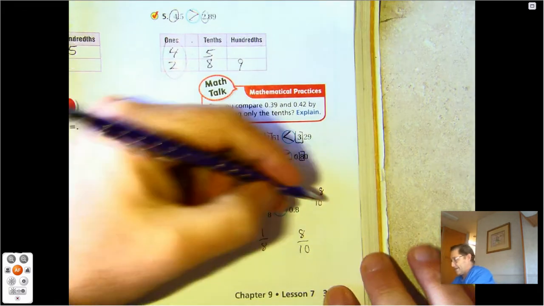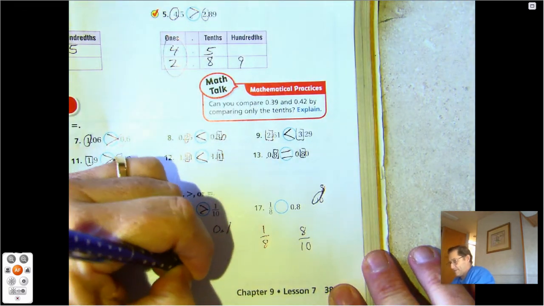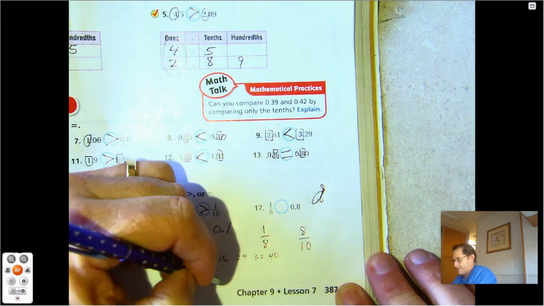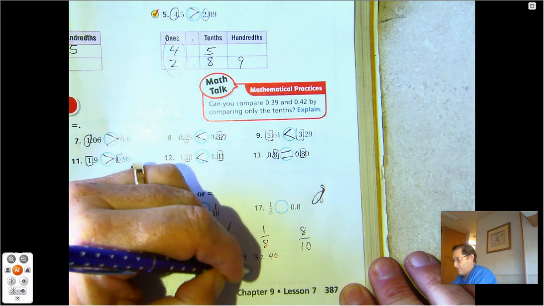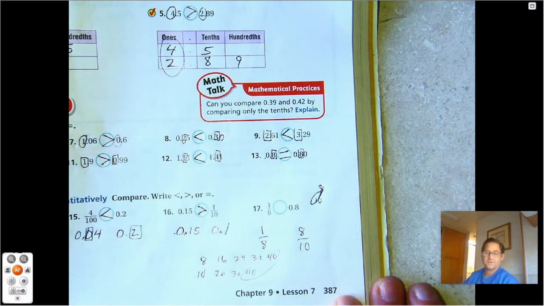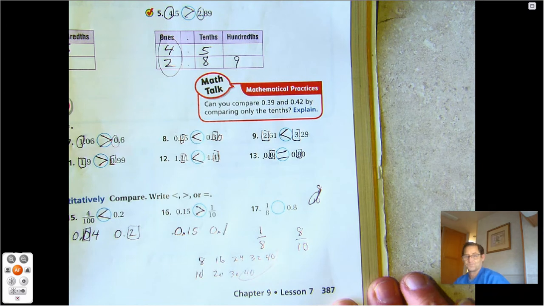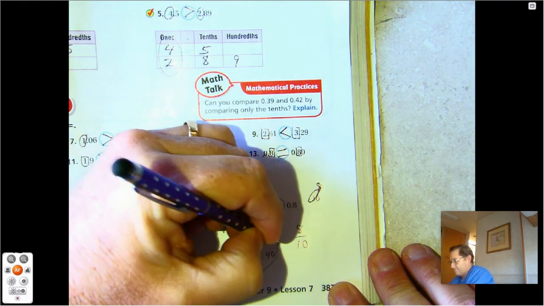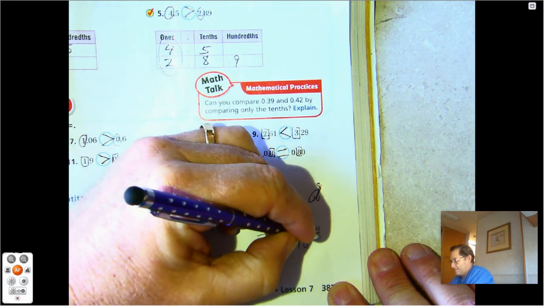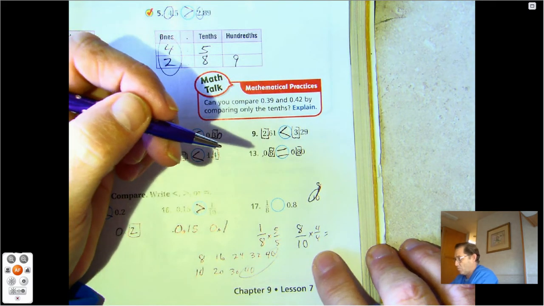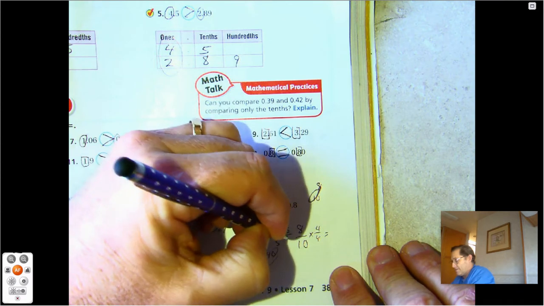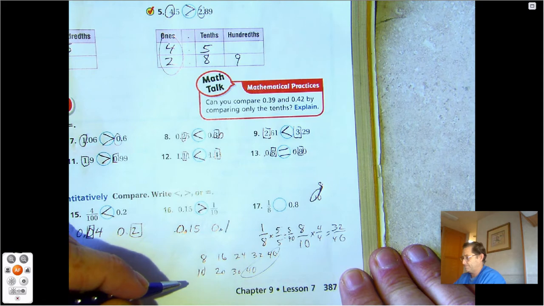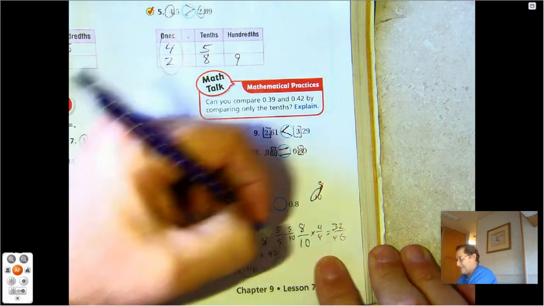What are the multiples of 8 and 10? 8, 16, 24, 32, 40. 10, 20, 30, 40. Okay, so we can make each of them into 40ths. So 5 times 8, and 10 times 4 would give us 40ths. So 5/40 compared to 32/40. 5/40 is less.